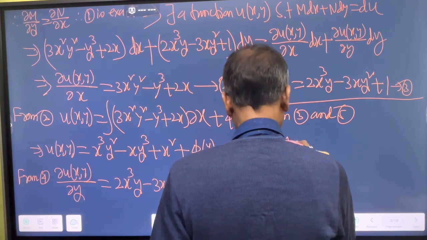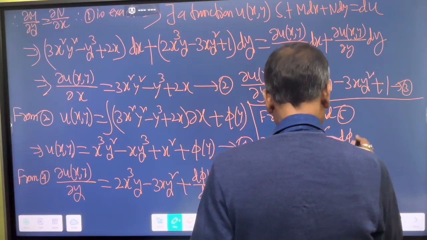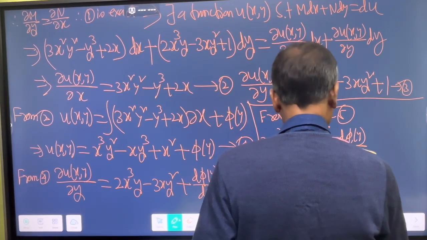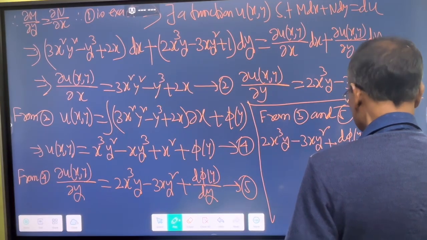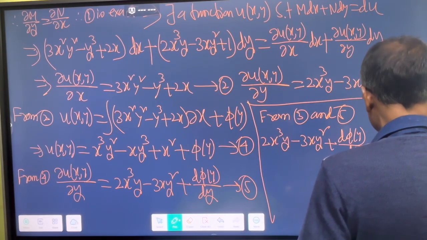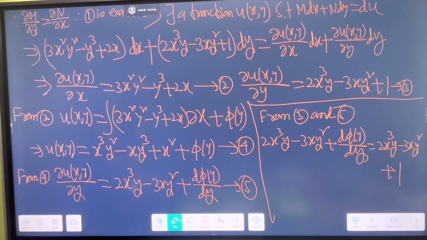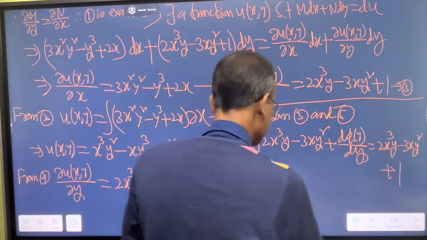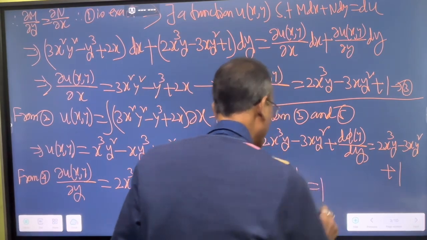Twice x cube y minus thrice x y square plus d phi by dy equals twice x cube y minus thrice x y square plus 1. These two terms will be cancelled. This means d phi by dy equals 1.